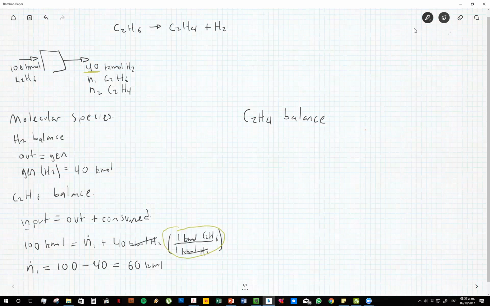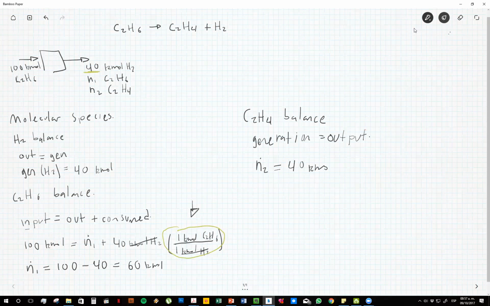Again, we have to write an equation like this one, the input and the output. But in this case, we only have the output. So the generation is equal to the output. The generation we calculate through something similar to this. The output is N2 with a dot, equal to the generation.